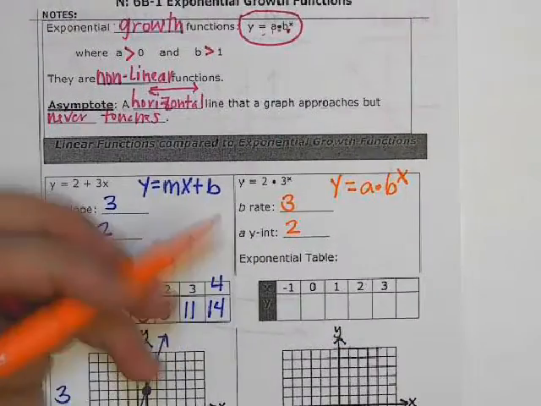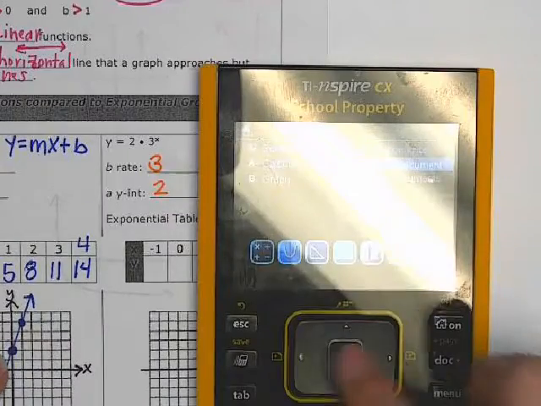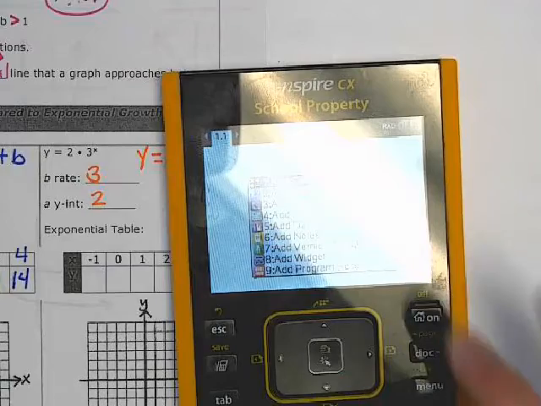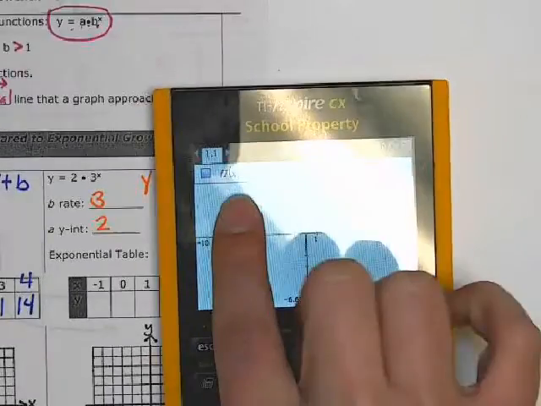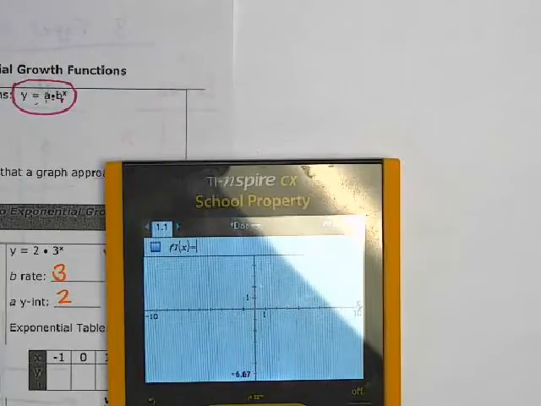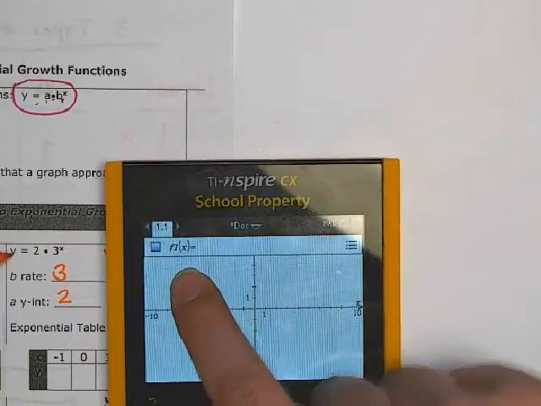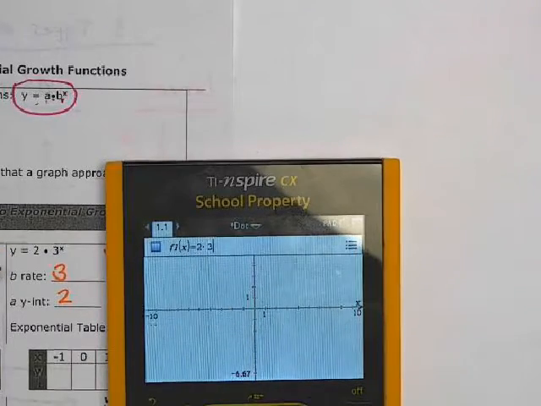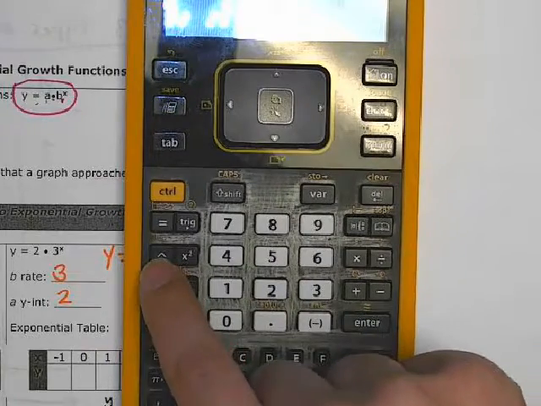Okay, now I want to fill in my table. So we're going to go to a new graph. Remember, don't do relation. It's already y equals, and my paper is y equals, so I'm just going to do 2 times 3. And then to get the exponent, we're going to hit this button right here.